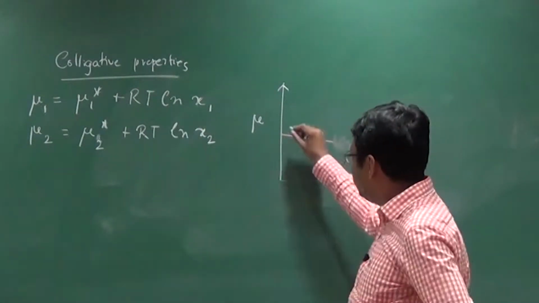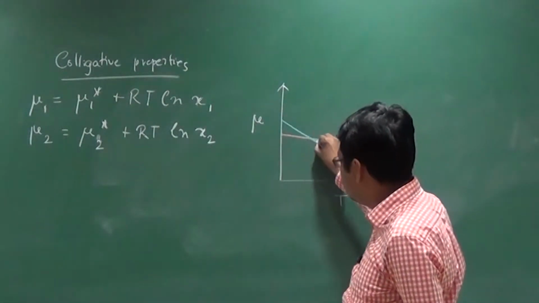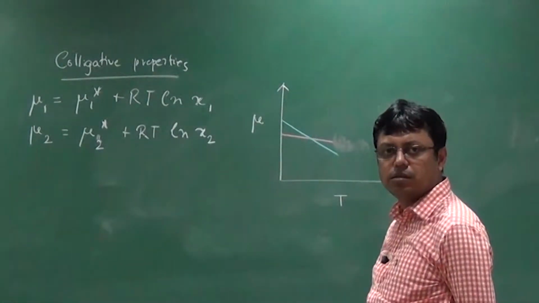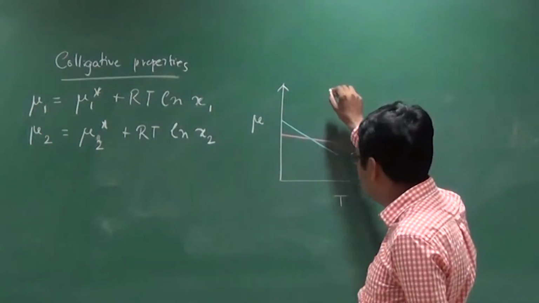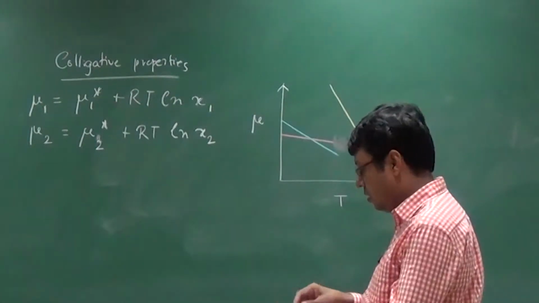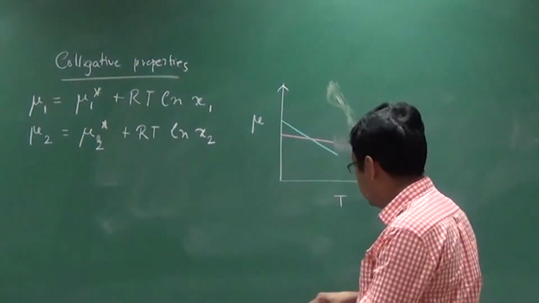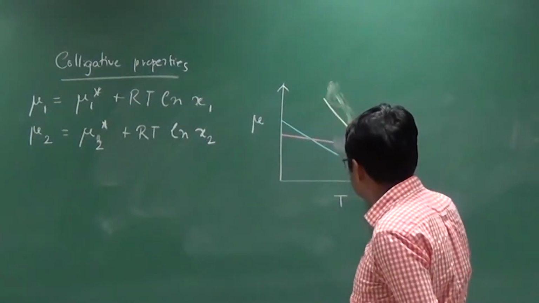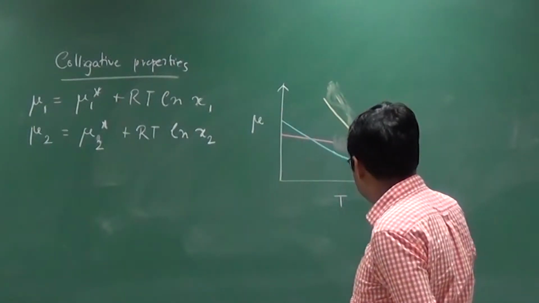For liquid, what will happen? We will have something with some slope. We discussed all this. For gas, it will start from a very high level and the slope will also be very steep. Something like this, and let's say we get this. And suppose these two lines cross.